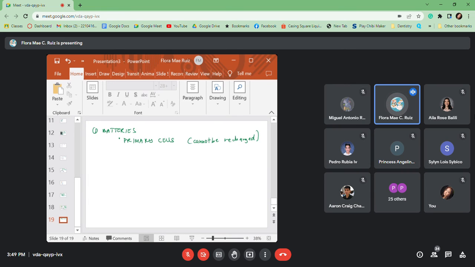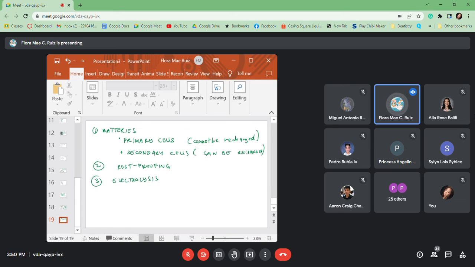The reaction is complete and they are already dead. The next type of batteries are your secondary cells. These are the batteries that can still be recharged. Another use of electrochemistry is rust proofing to prevent corrosion. And another is the process of electrolysis.